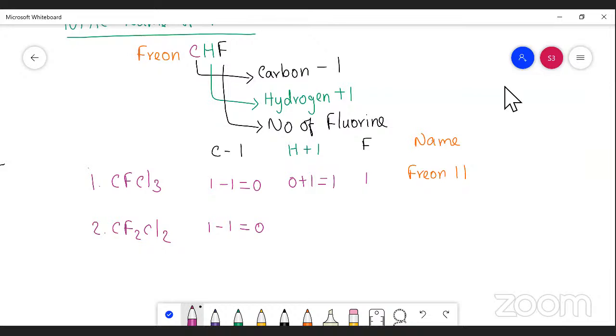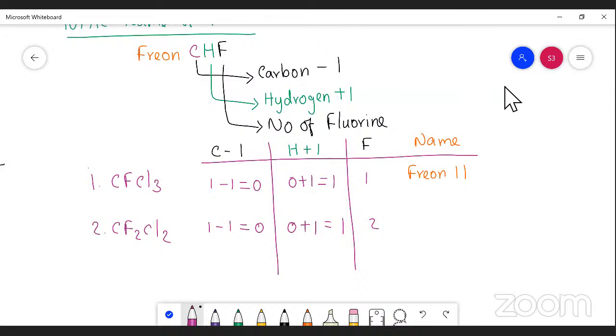Then number of hydrogen, there is no hydrogen here also, so 0 plus 1, so we take 1. And number of fluorine, it is 2.